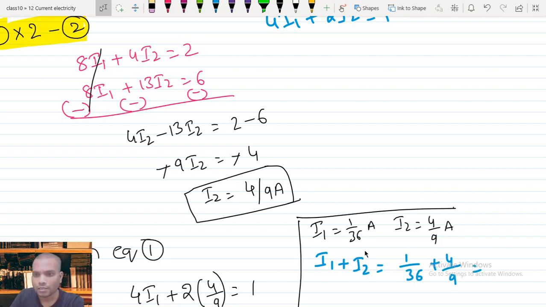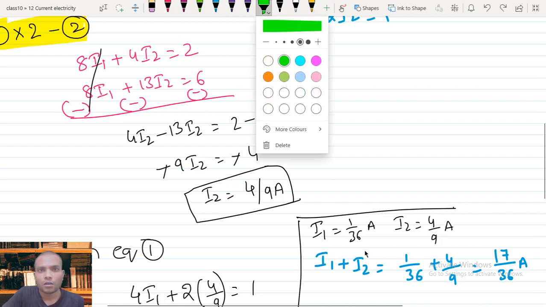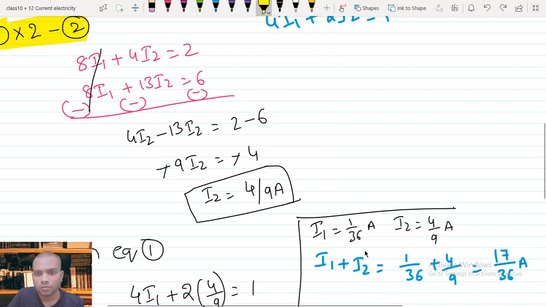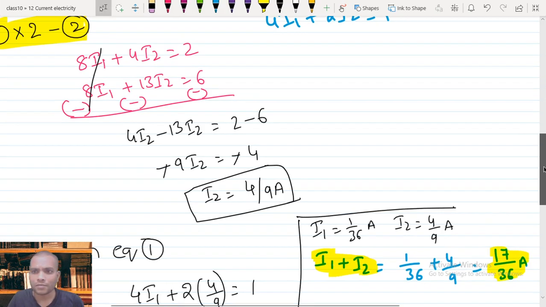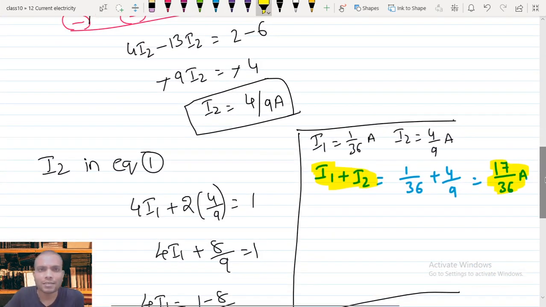If you take the LCM and solve this, I end up with 17 by 36 amperes. This is the total current passing through the 8 ohm resistance. I am not simplifying further because I will get a fraction there.